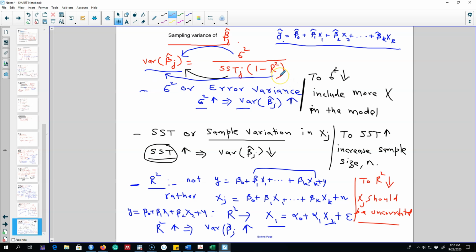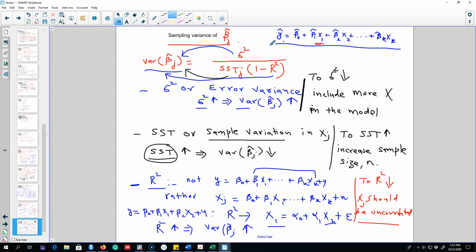And the third component was this r squared, which is the correlation between x variables, and we want to minimize that correlation so that we can have a minimum variance. So the goal here is to minimize the variance of these beta j parameters so that we can have precise effects of any x variable on that y variable.